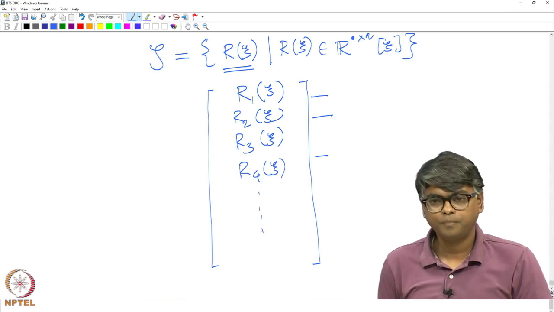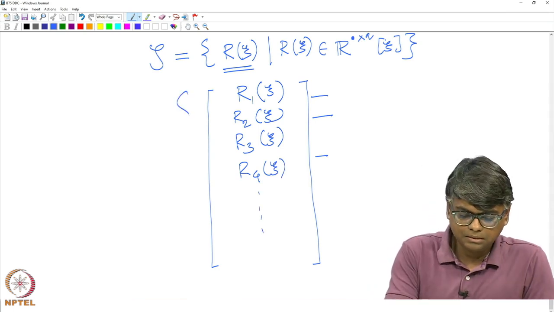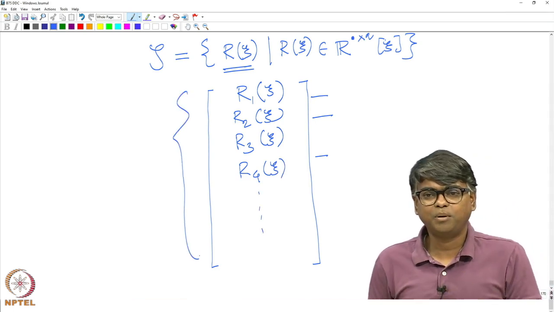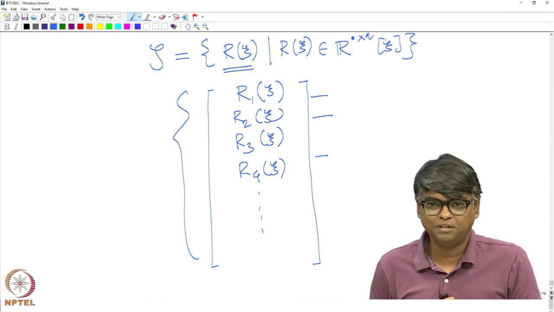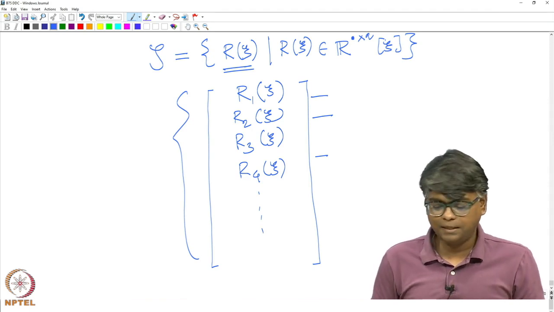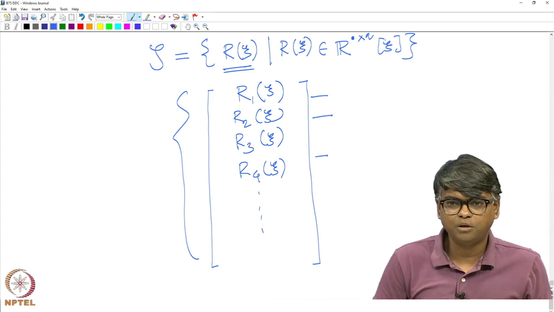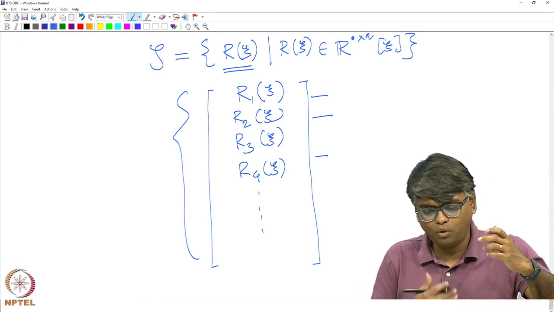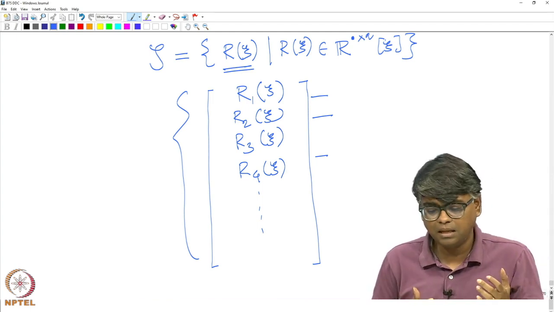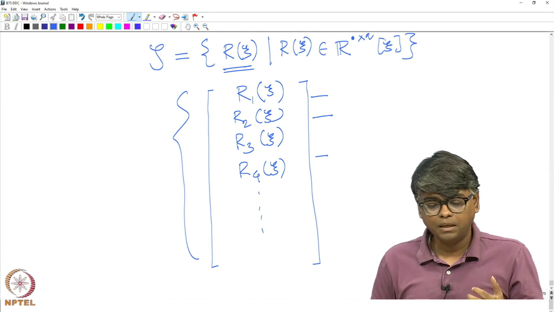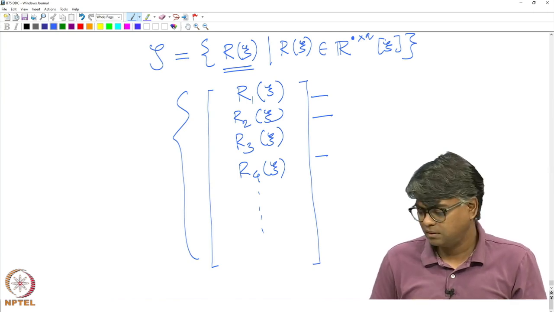Is this a legitimate polynomial matrix itself? That is the question. If you look at a collection of such polynomial matrices and write them down one after the other, is this also a polynomial matrix? If it is so, then assumption 2 is satisfied.